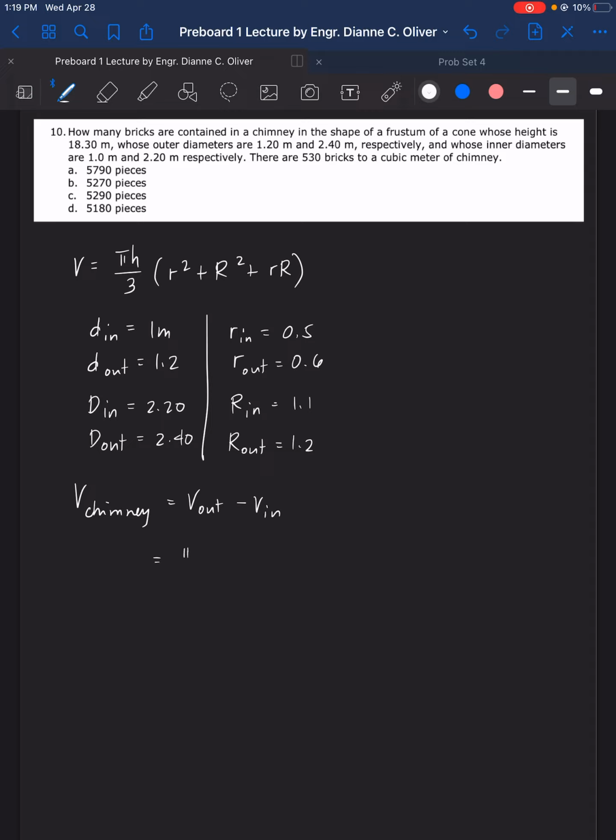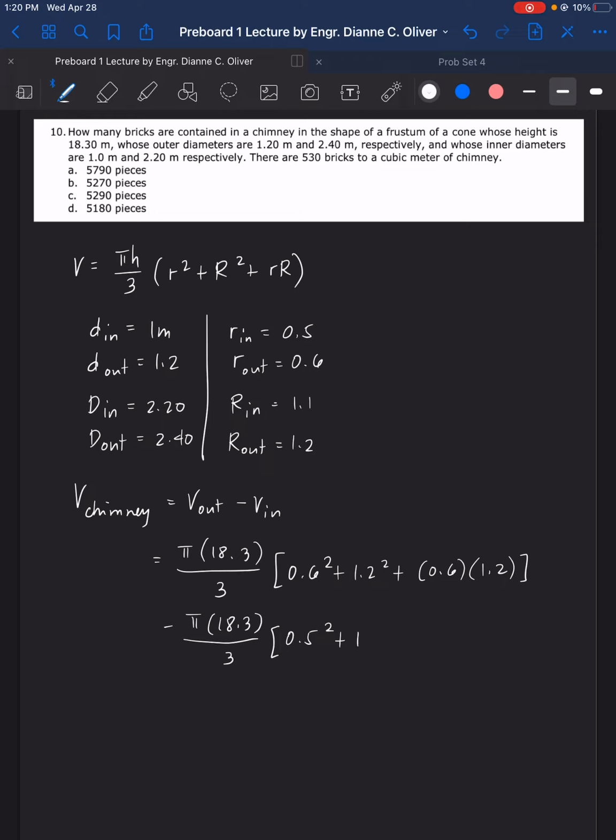That is equal to pi times 18.3 divided by 3, and then the volume out: 0.6 squared plus 1.2 squared plus 0.6 times 1.2, minus the volume in: 18.3 divided by 3 times 0.5 squared plus 1.1 squared plus 0.5 times 1.1.